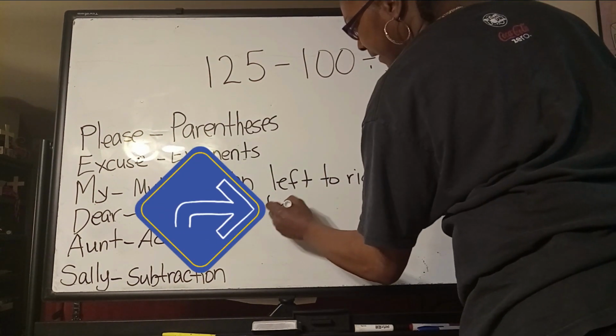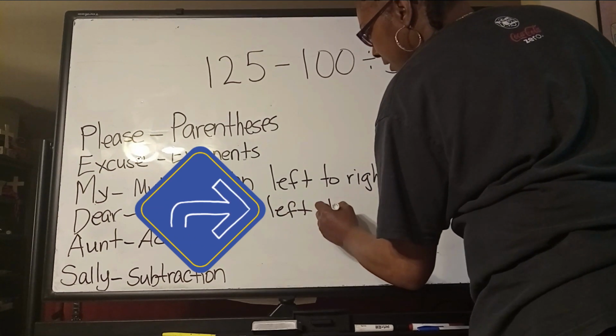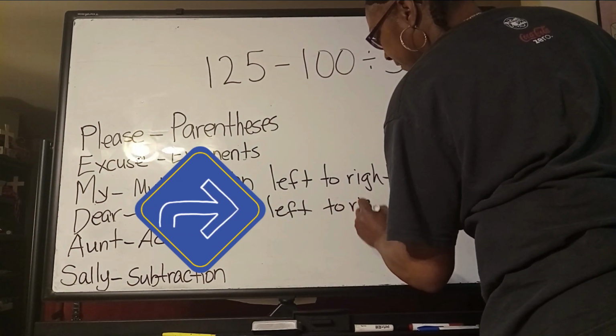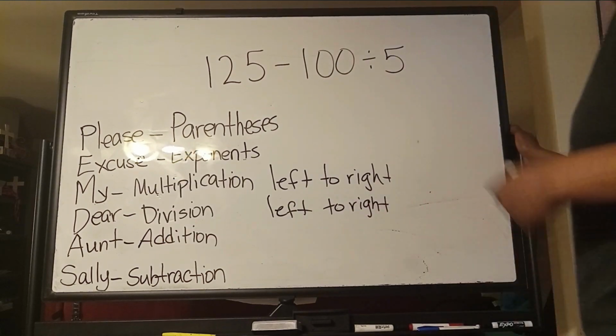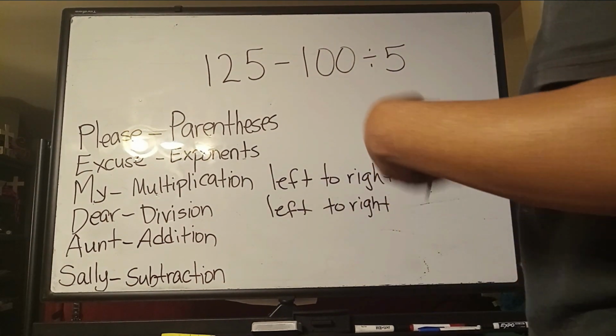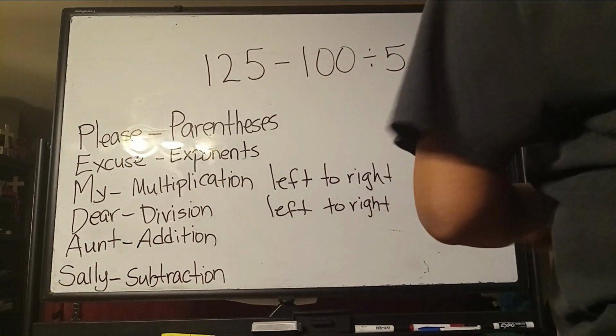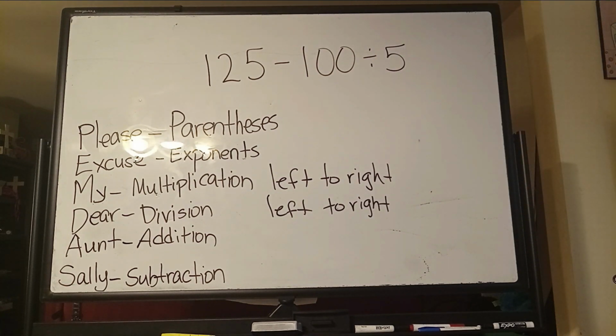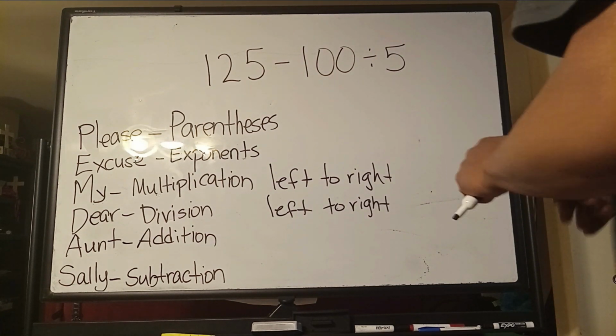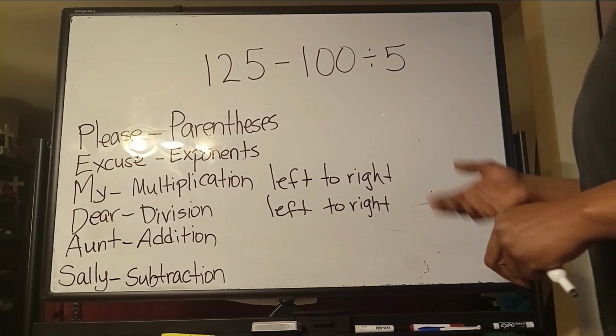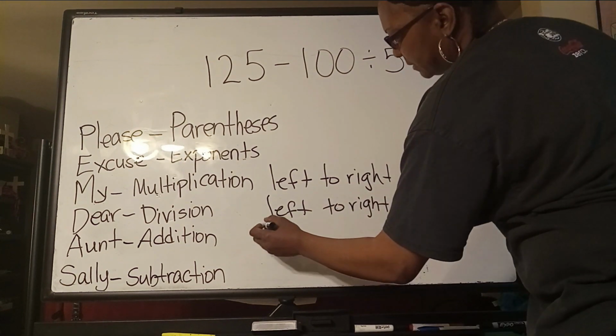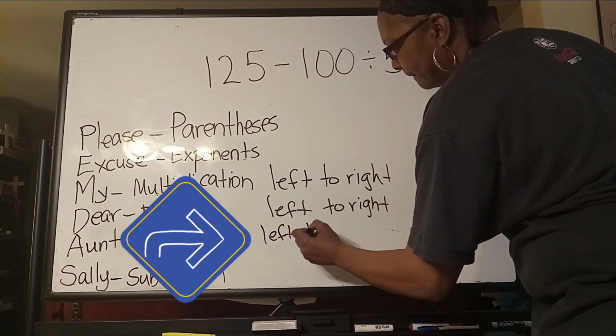So if you have addition and subtraction and multiplication and division, you're going to go with the multiplication and division first, going left to right. I will show you more in the problem. But it's the same thing with the addition and subtraction. They go from left to right as well.